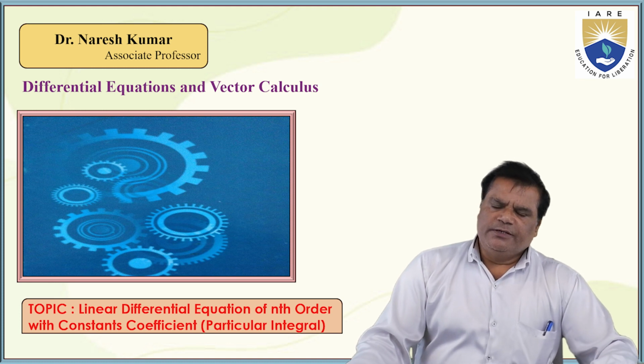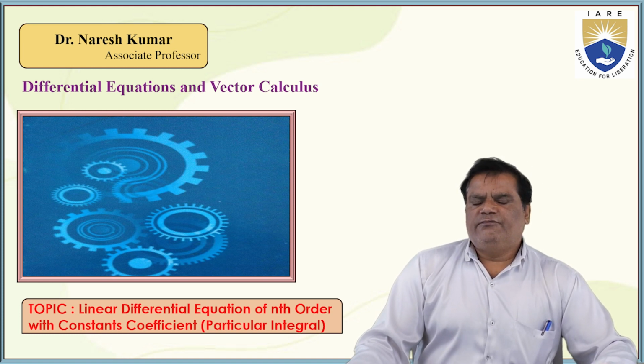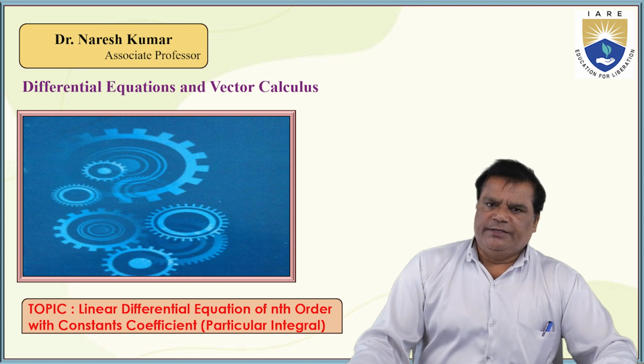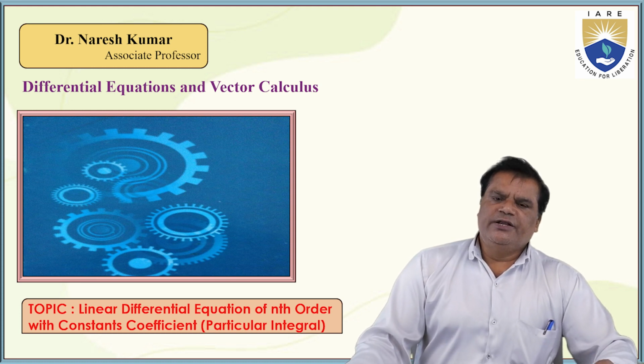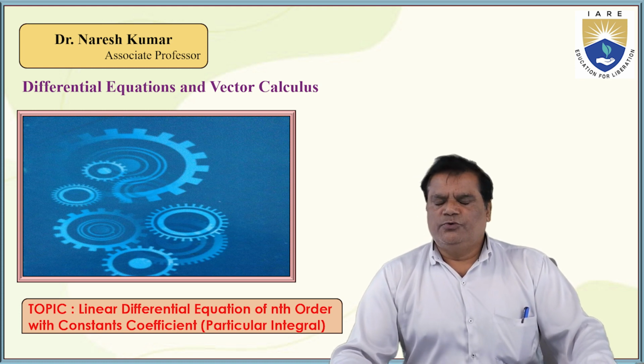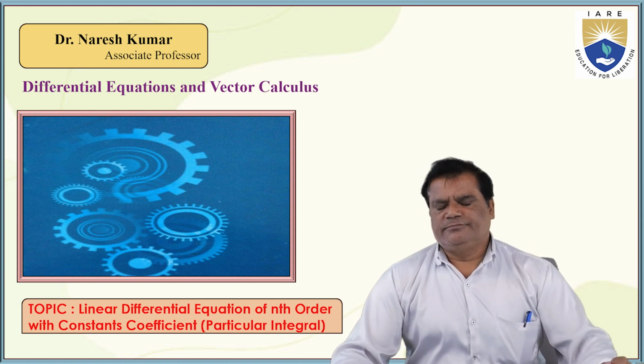But in this topic we will discuss particular integral of a linear differential equation with constant coefficient. How we can find PI, means particular integral, of linear differential equation with constant coefficient. So the solution of a linear differential equation with constant coefficient is in 2 parts.